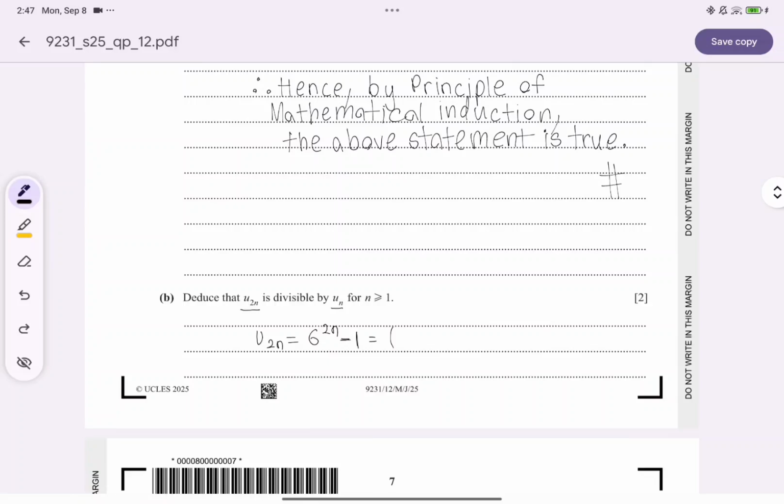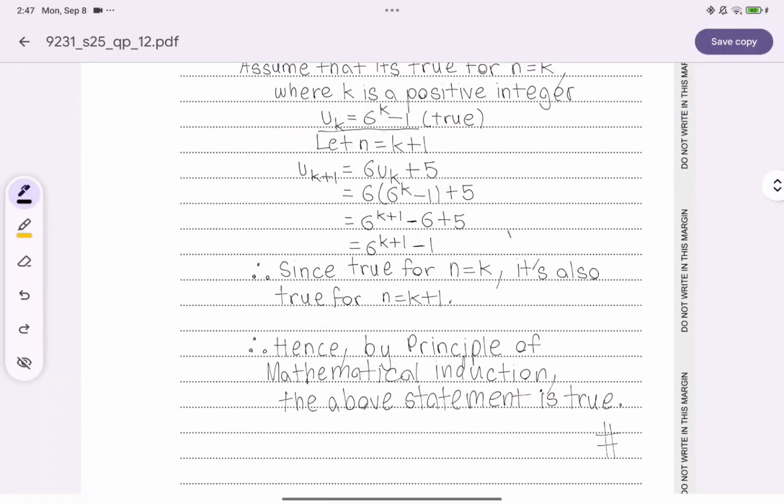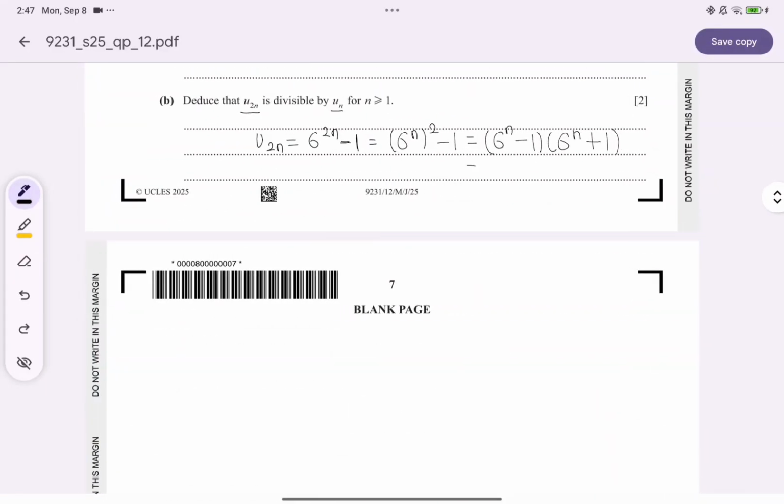It's the same as (6^n) squared minus 1. And using our difference of squares, we can factorize this to get (6^n minus 1) times (6^n plus 1). And guess what? 6^n minus 1 is actually equal to u_n. So here we can write u_n times (6^n plus 1).